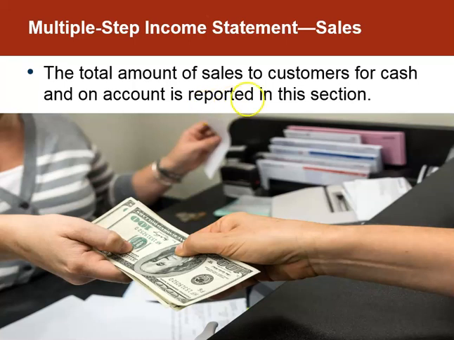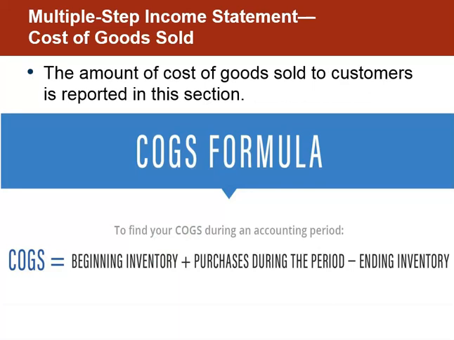Okay, and we should probably say net sales because remember we have sales returns and allowances, all of these kinds of things that will bring down what we call gross sales down to net sales, but that's what our sales represent. Hopefully you knew that intuitively. Okay, so we have our sales.